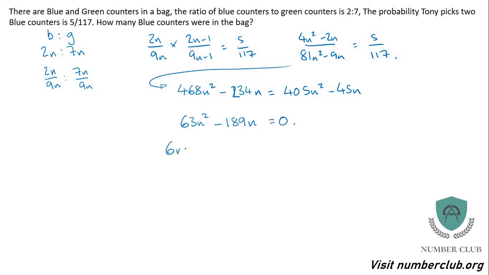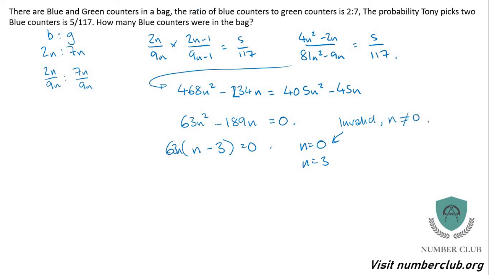So we'll get 63n lots of n minus 3 equals 0, which means that n equals either 0 or n equals 3. Invalid. n should not equal 0. And so n equals 3.